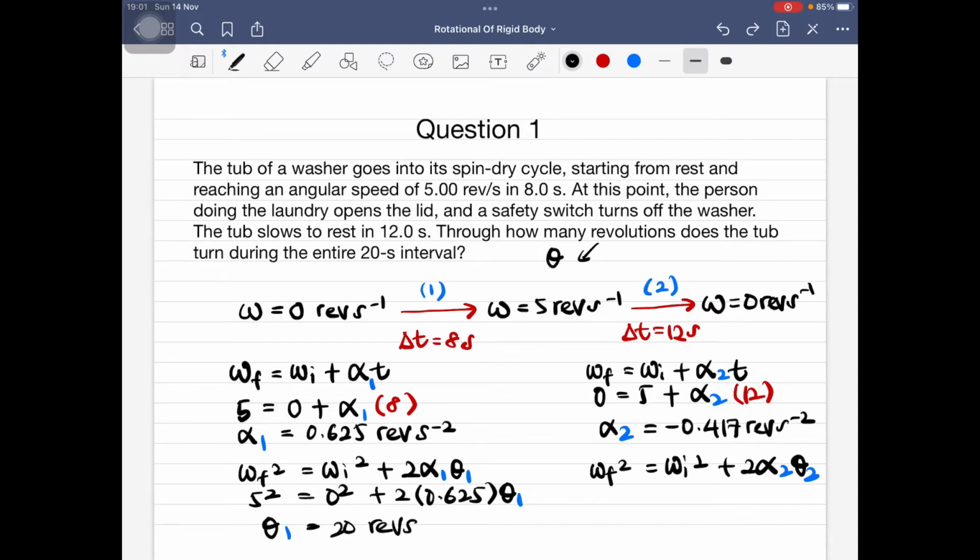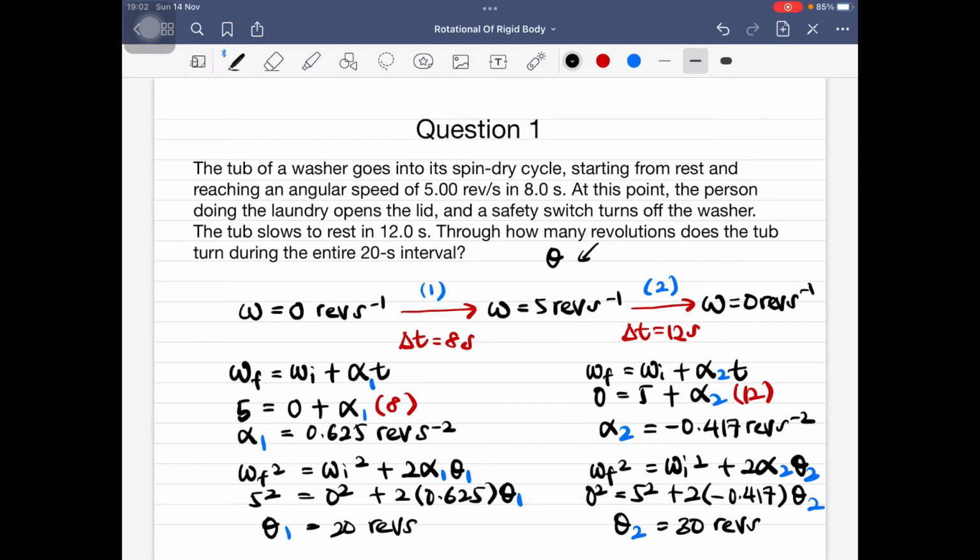Final angular speed will become 0 squared is equal to 5 squared initial, plus 2 times your second part angular acceleration, 0.417, and then theta 2. So from there I will calculate my theta for the second part will be equal to 30 revolutions.